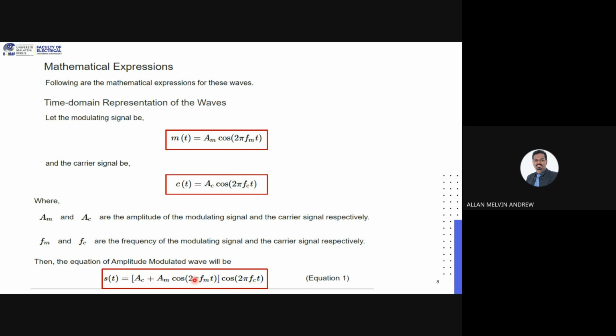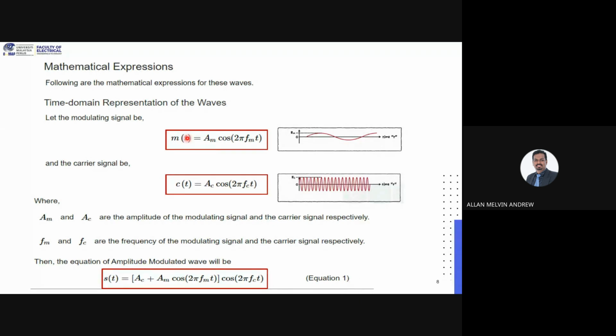This is mathematics, so try to write it down on a piece of paper and combine these two until you get this equation. We call it equation one. This is your message signal, this is your carrier signal, and this is your modulated signal.